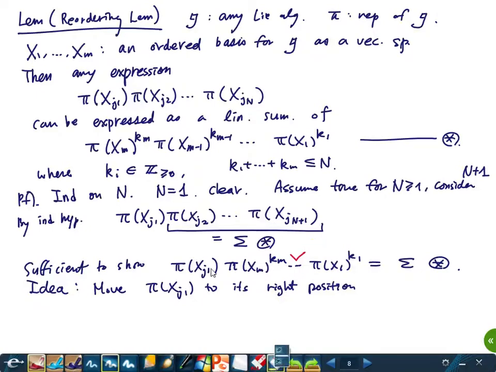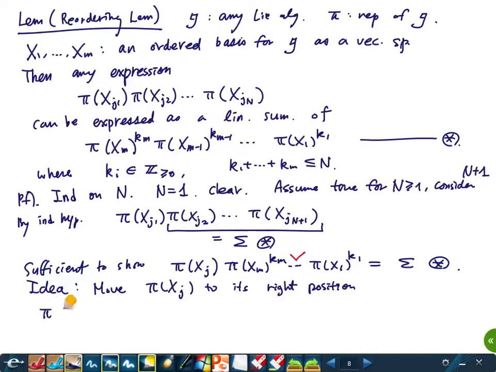Let's say just x. It doesn't really matter which index we use. So let's say j1 equals j, just to avoid any complicated subscript. So we want to move this into the jth position. How can you do that?